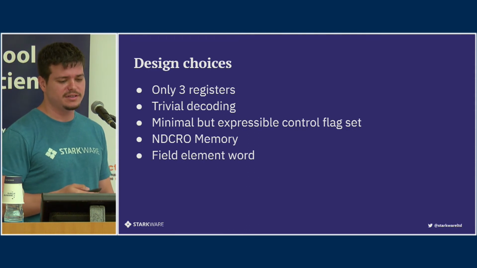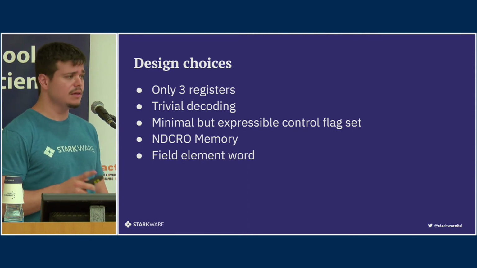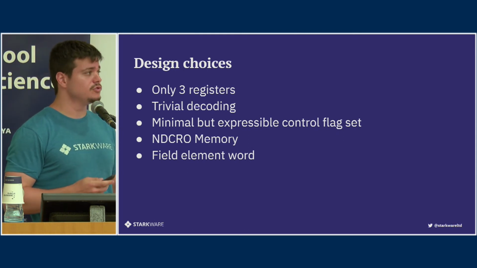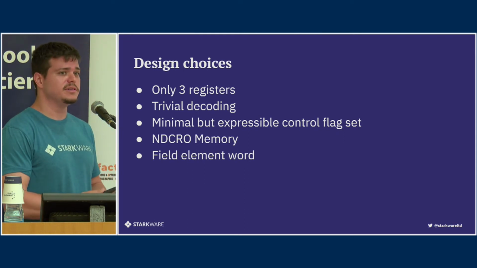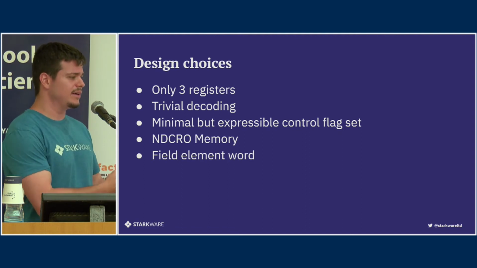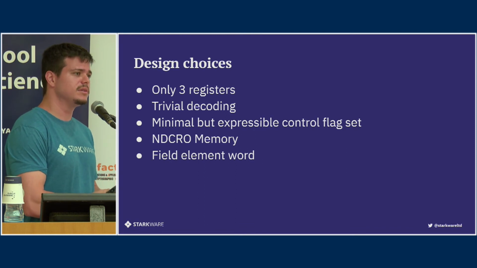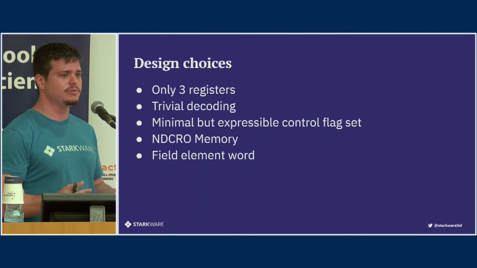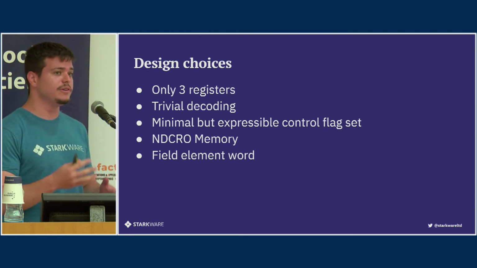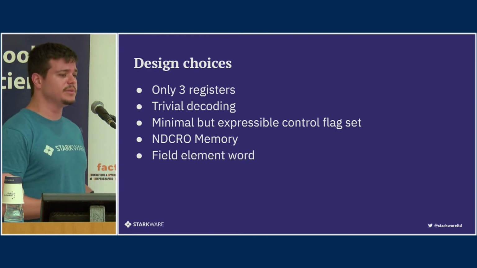Another thing which we chose is the decoding of instructions. In modern CPUs, when you have some instruction, you need to put it in some table, look up in the table, and get the control flags to decide if you want to add or multiply or fetch from memory, all the different possibilities you have.